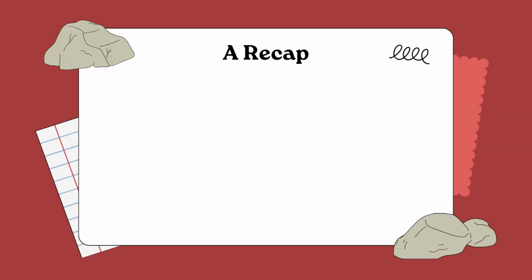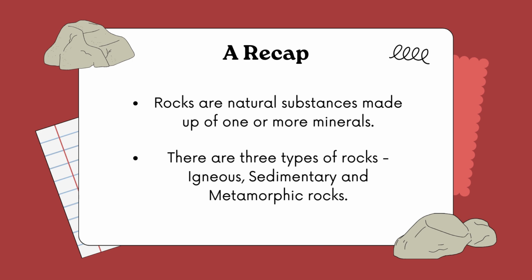Recap what we learned in this video. What are rocks? Rocks are natural substances made up of tiny minerals that have stuck together and hardened over a period of time. The rocks are categorized into three different types: igneous rocks, sedimentary rocks, and metamorphic rocks.